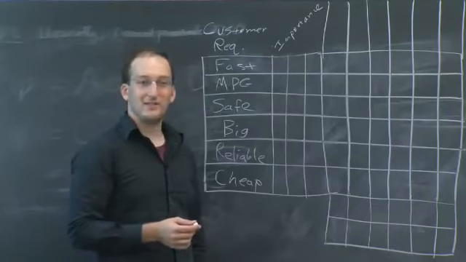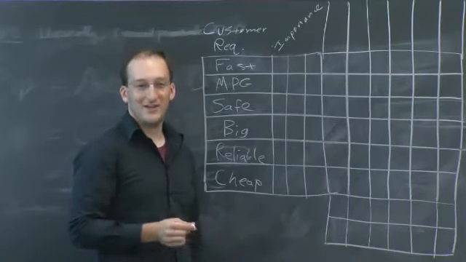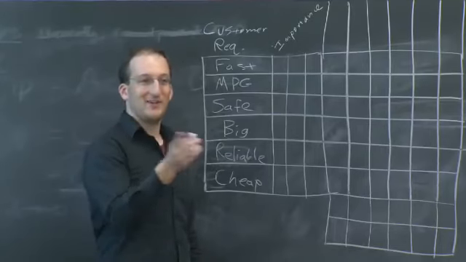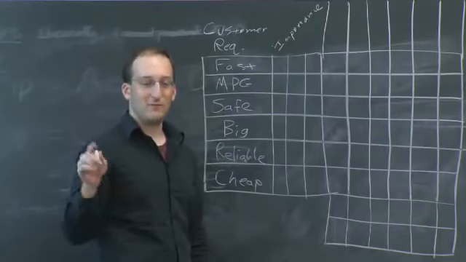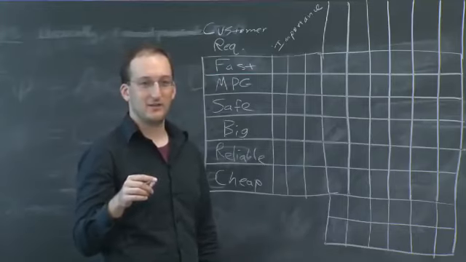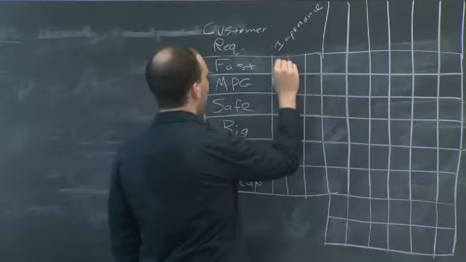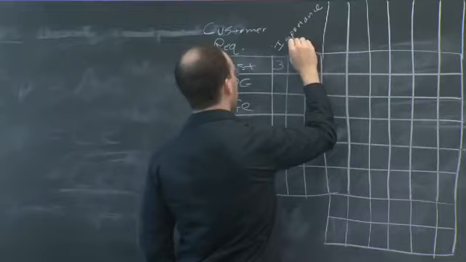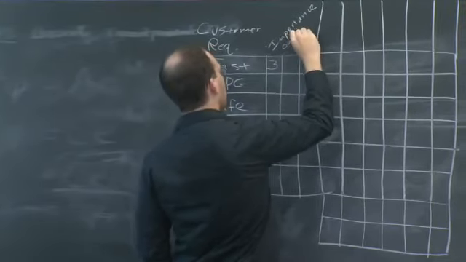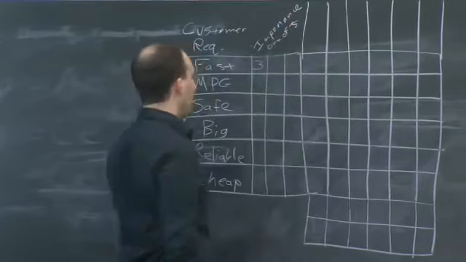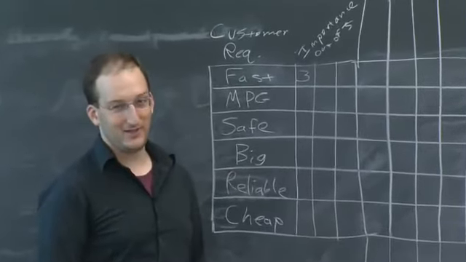What do you think fast is? 1 says most important. I go 3. Yeah, 3. All right, everyone reach a consensus. 3 out of 5. Out of 5. OK, miles per gallon in an SUV.